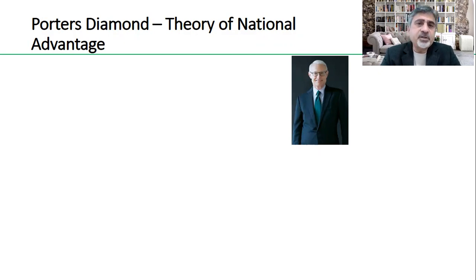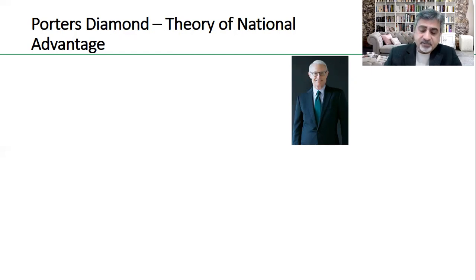Now, Michael Porter came up with a modified form of the same idea, the same concept, because he believed that Adam Smith's theory is a little bit old and does not cover the factors which we face today in the modern world. Michael Porter gave this theory in 1990, and he called it Porter's diamond, and we call it the theory of national advantage.